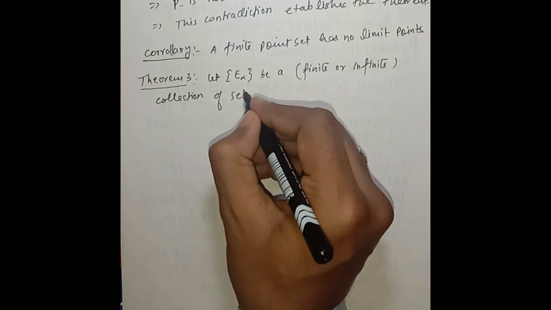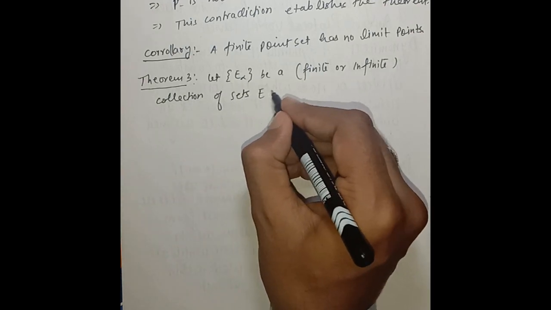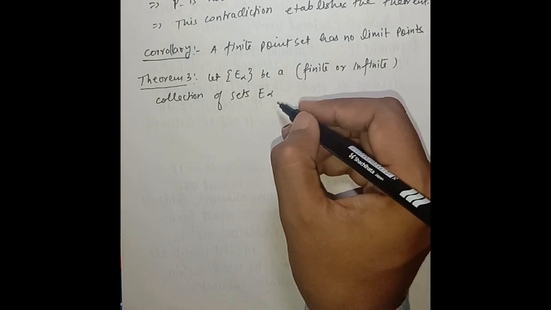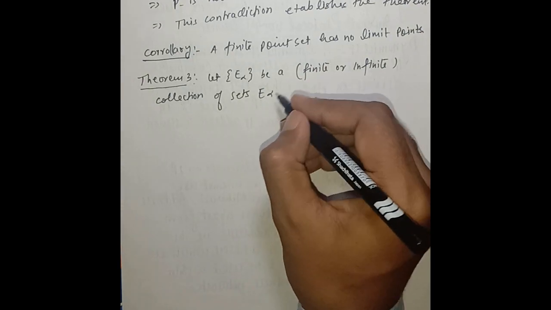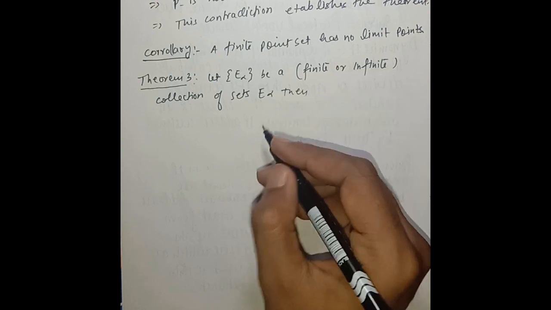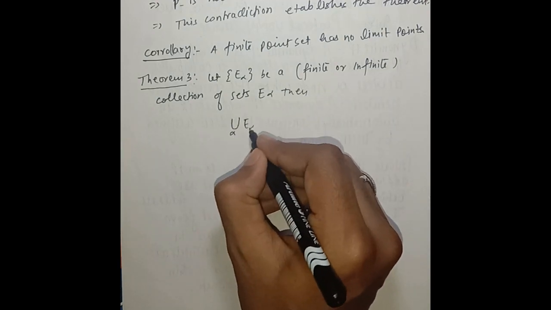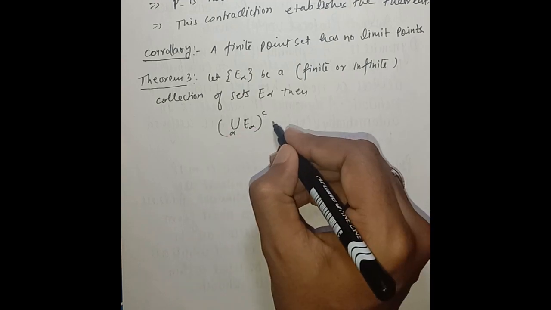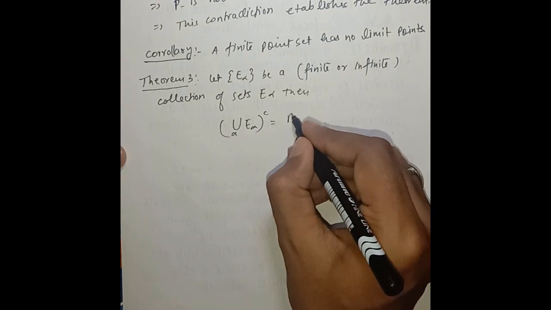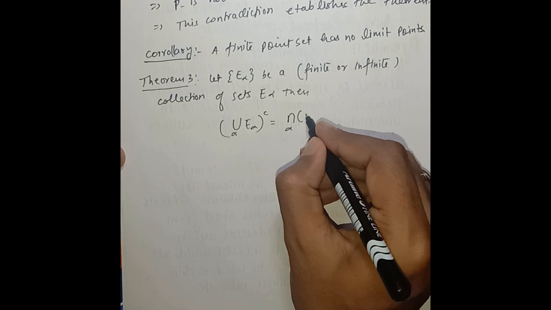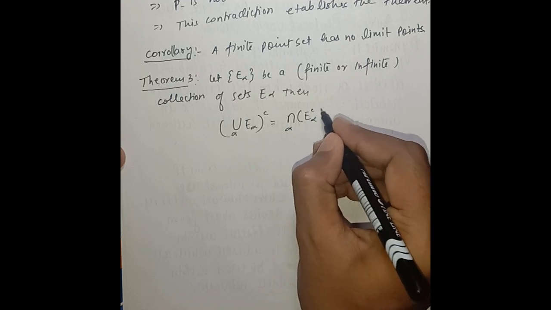Then the complement of the union of E alpha is equal to the intersection of the complements of E alpha.